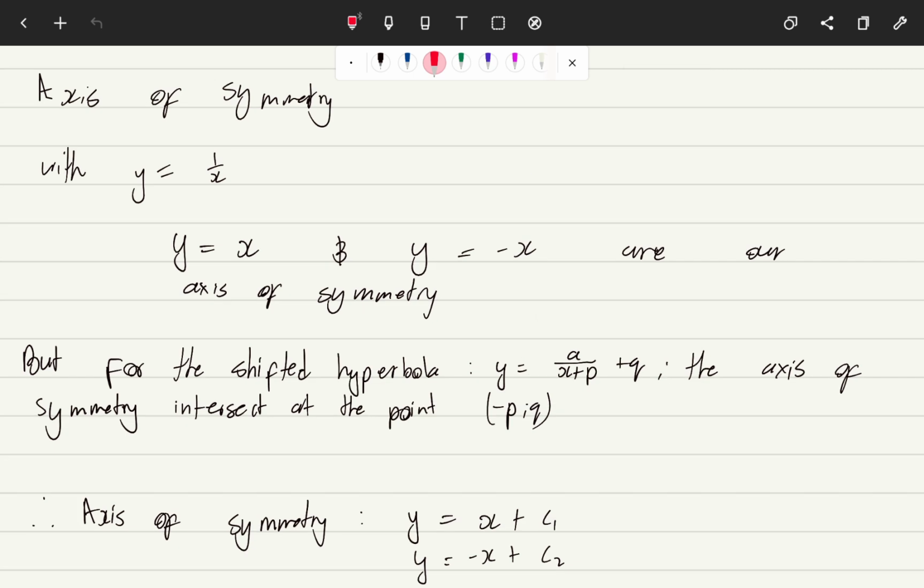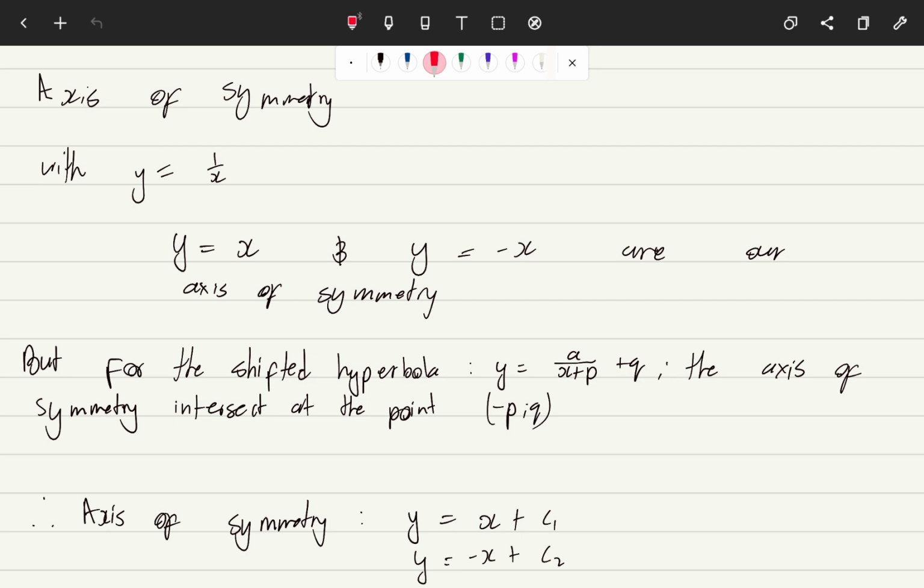Axis of symmetry. Remember, we spoke about axis of symmetry when we were dealing with parabolas, and we said that axes of symmetry are lines that divide our graph into two identical sides.